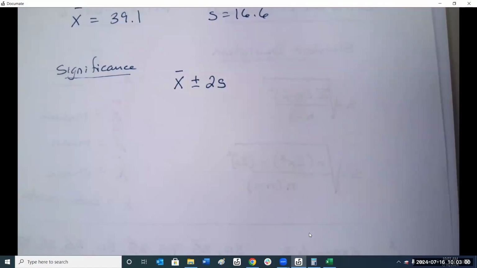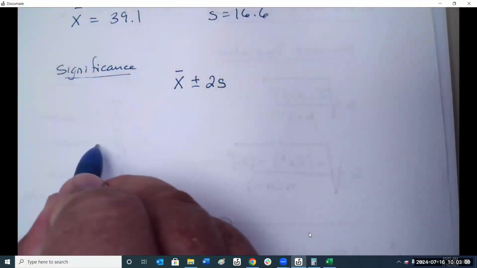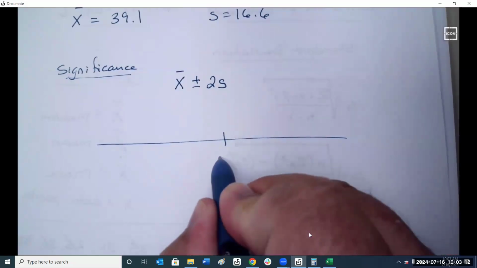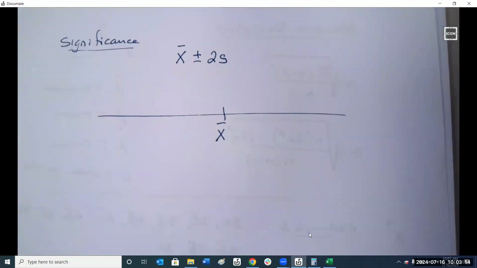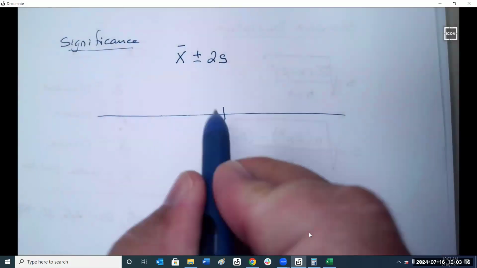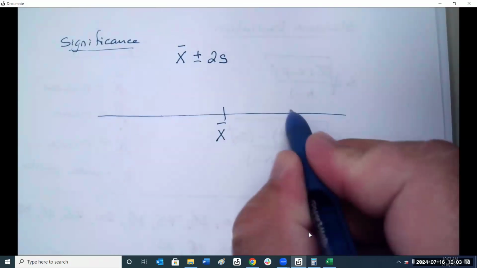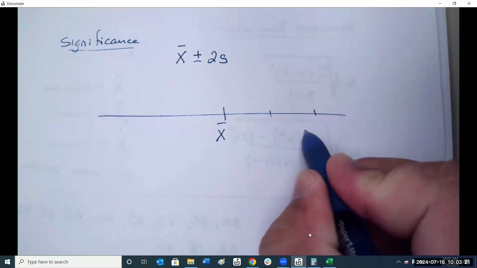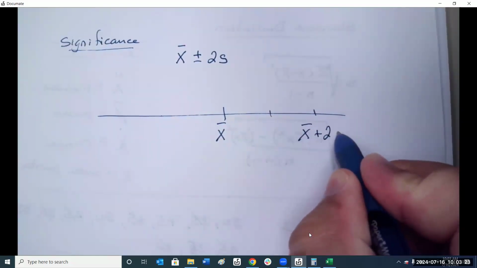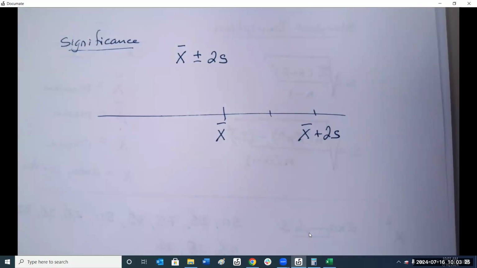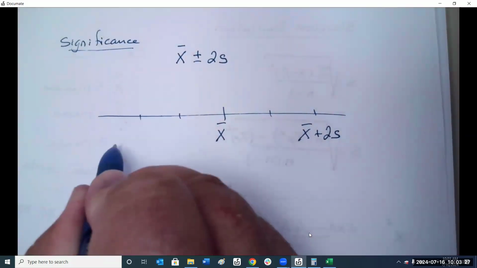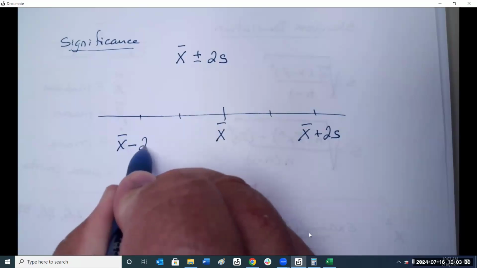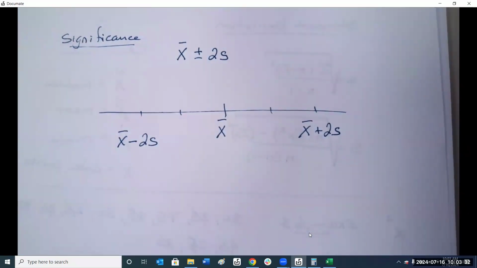That's what it says, but what does it mean? And it does have a lot more meaning. We'll get to it shortly. But what this means is if we had our data set, this is our mean. If we take X bar plus 2 standard deviations, and this is X bar minus 2 standard deviations.